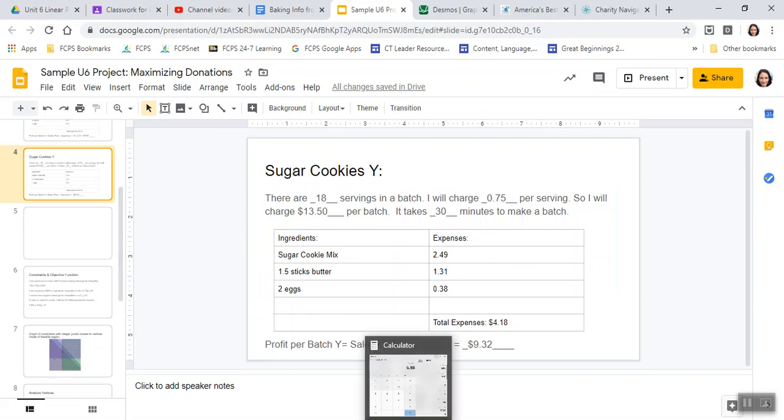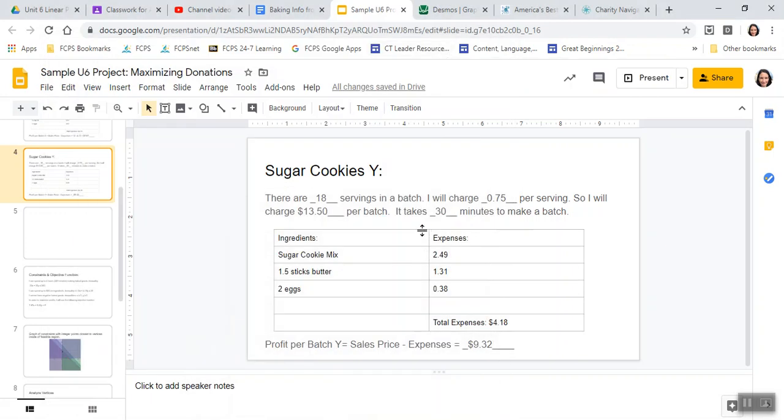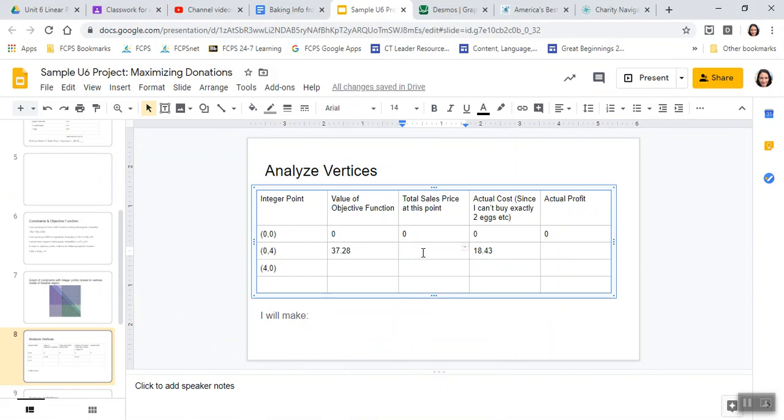I don't know why I didn't put that in there. $13.50 times 4 is 54. Alright, so if I subtract the $54 minus the $18.43, I should get the actual profit.